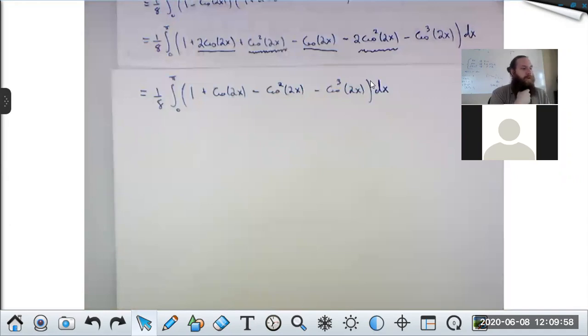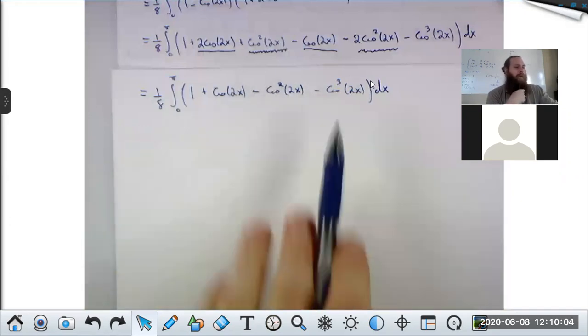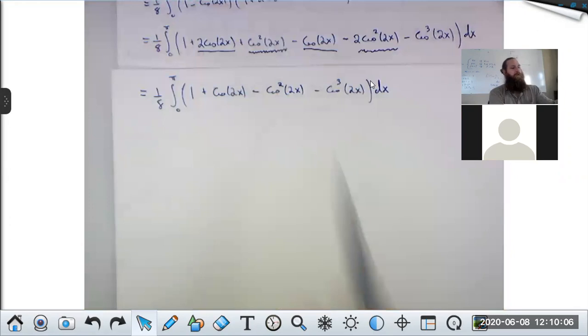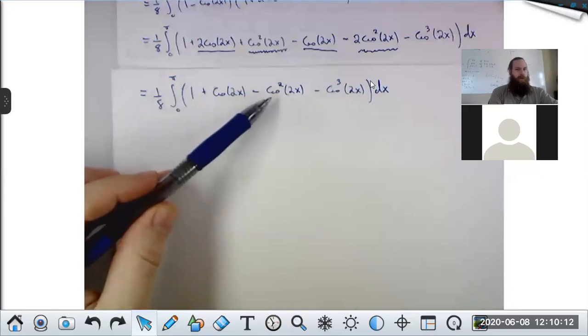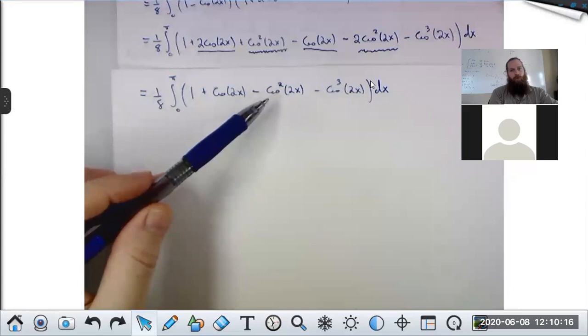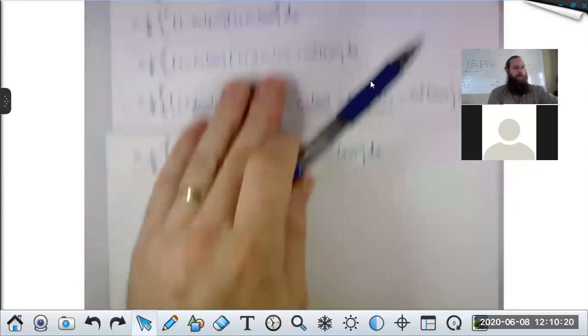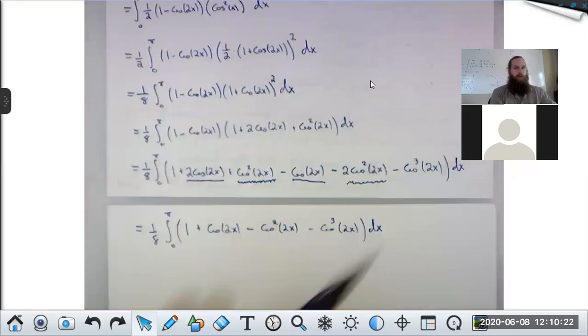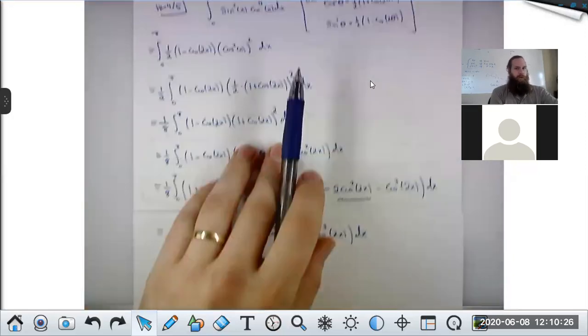Before I proceed to an antiderivative step, I need to do something with this cos squared. I'm going to have to do something different with the cos cubed. But first, we know what to do with this guy. He's again an even power, right? It's sine to the 0 times cos 2. So he's going to be another one of these identities up here.